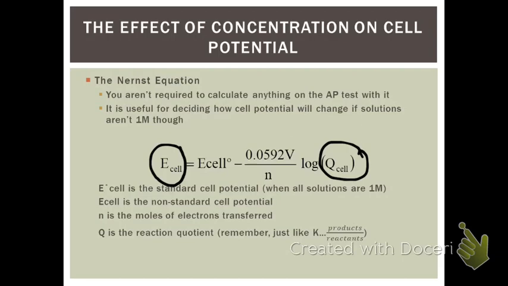Mostly, it looks at Q. Remember, Q is the same thing as K. It's products over reactants. The only difference is you don't have to have the concentrations at equilibrium. So we're going to think about it and figure out how this answer will change, but we won't actually calculate it.